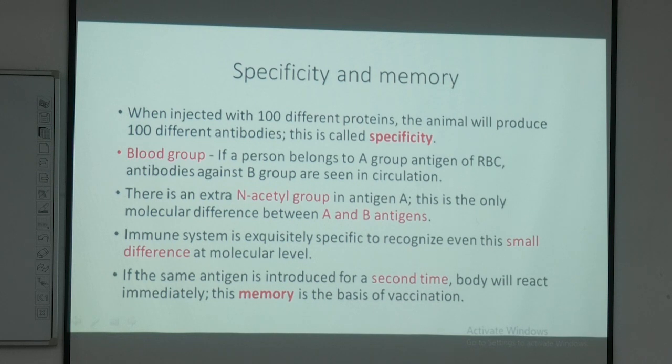So if a person has A blood group, what kind of antibody does the person have corresponding to this A blood group? A blood group person will have what kind of antibody?